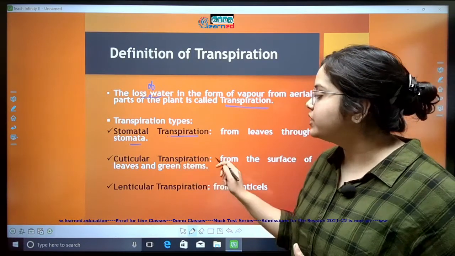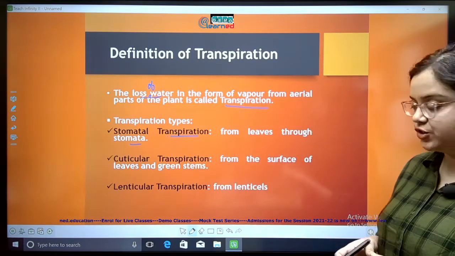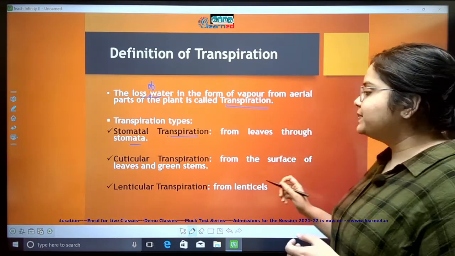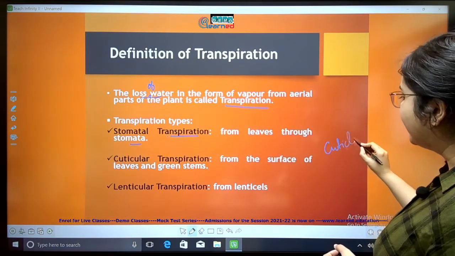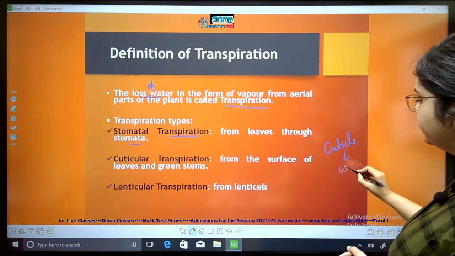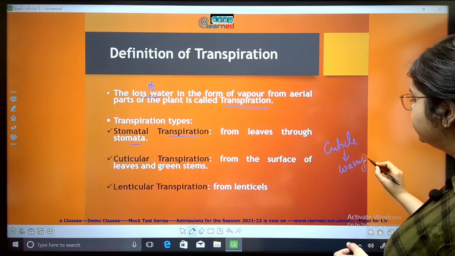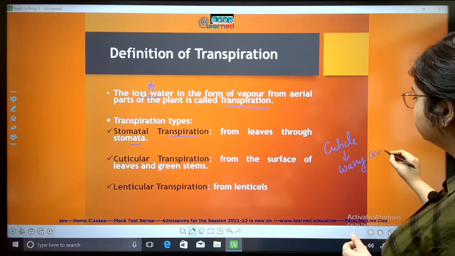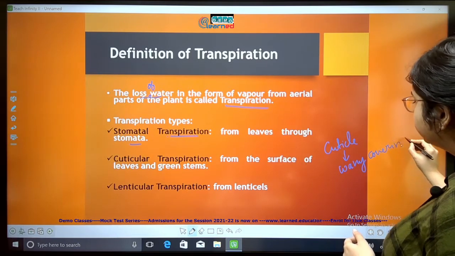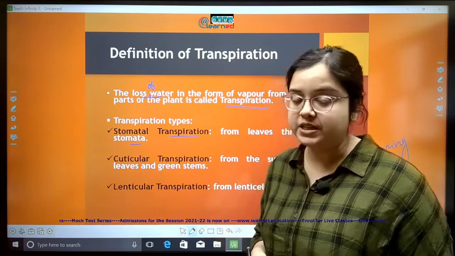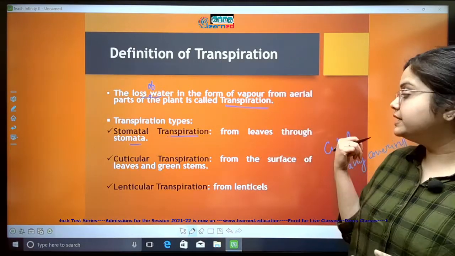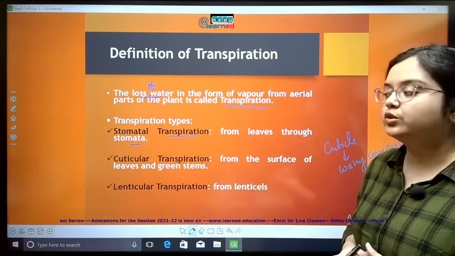The next kind of transpiration is cuticular transpiration. Cuticle is basically a waxy covering on the surface of some leaves, and also of green, herbaceous stems. So transpiration through this cuticle is known as cuticular transpiration.